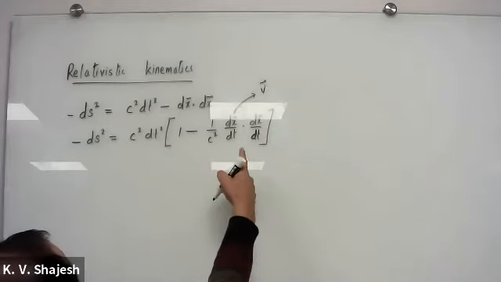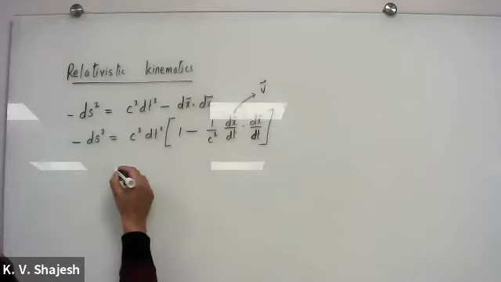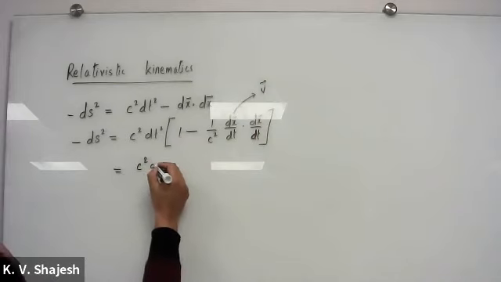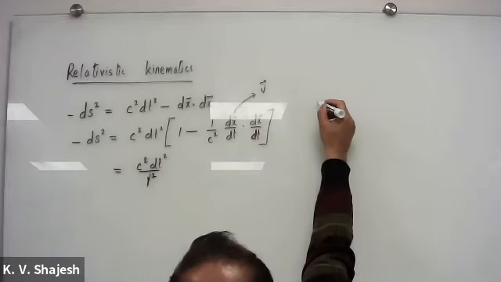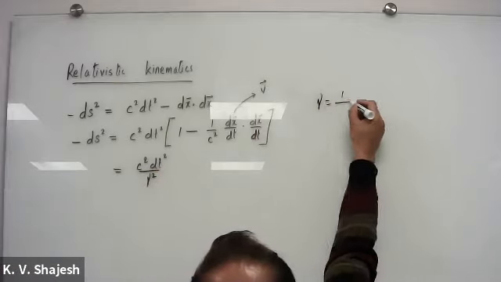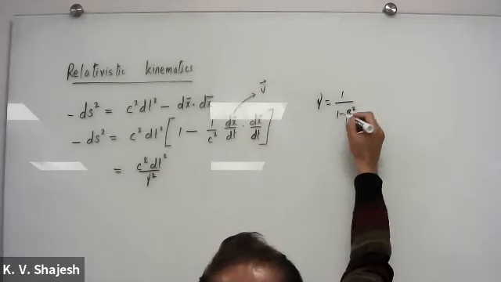So that's 1 minus beta squared, so that's gamma squared. So that's c squared dt squared over gamma squared, right? Gamma, remember, was 1 over the square root of 1 minus beta squared.